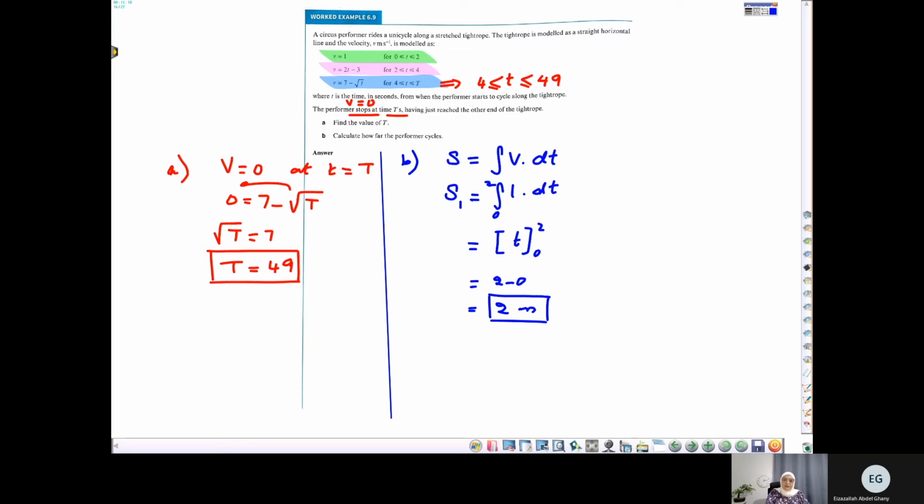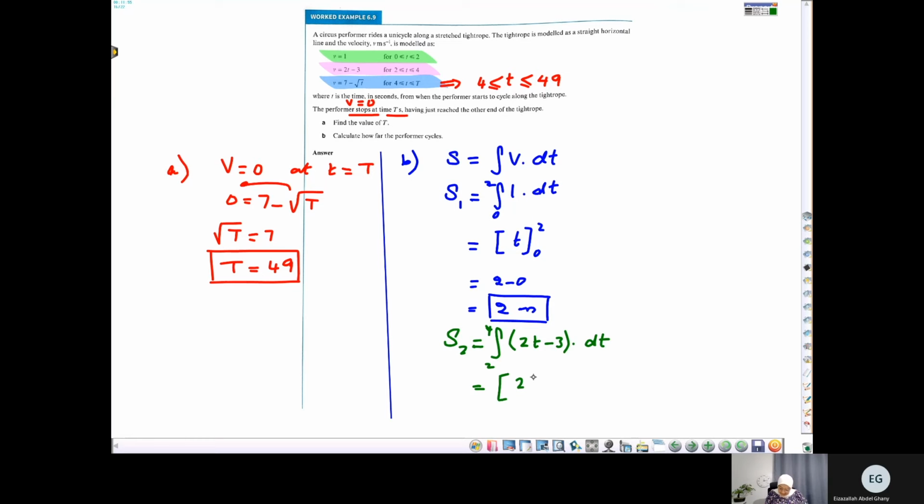And now the second stage. S2 equals integral, the pink one, 2t minus 3. The limits of integration for time, of course, dt. The limits of integration will be from 2 to 4.